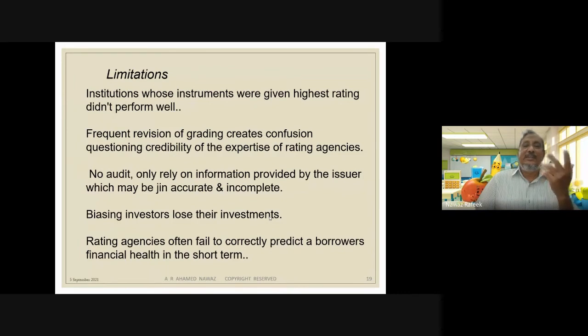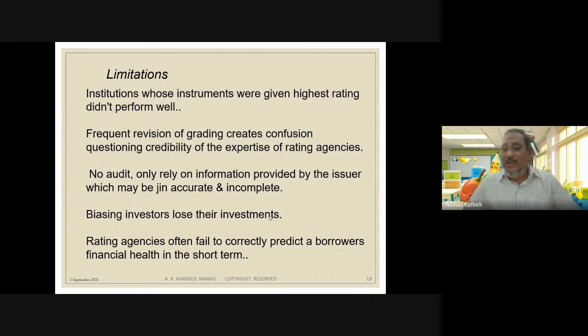So we'll discuss business cycles later. As bankers, we should know all these things. All these factors are affecting our credit history. Frequent revision of rating creates confusion, questioning the credibility of the expertise of the rating agencies.